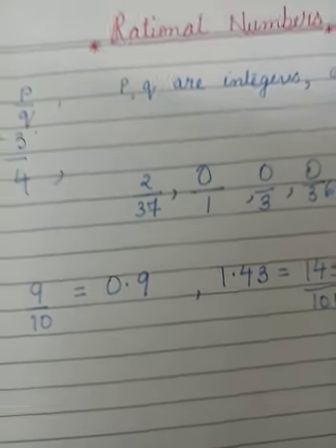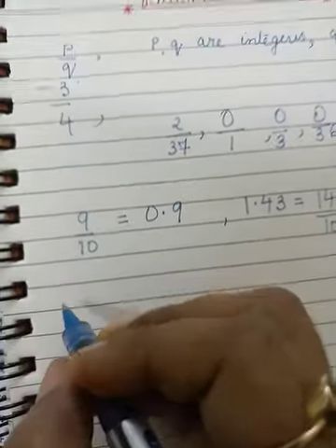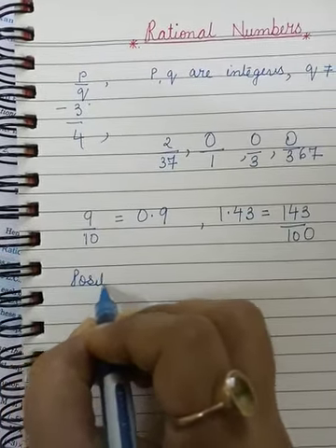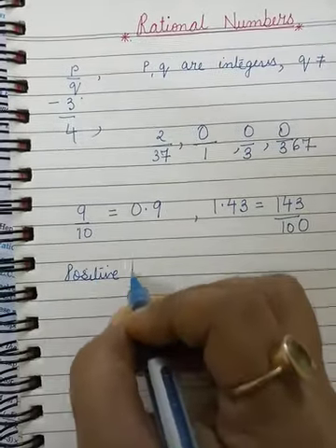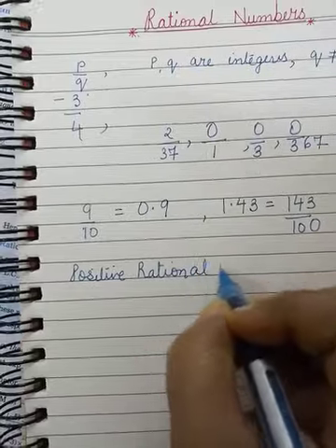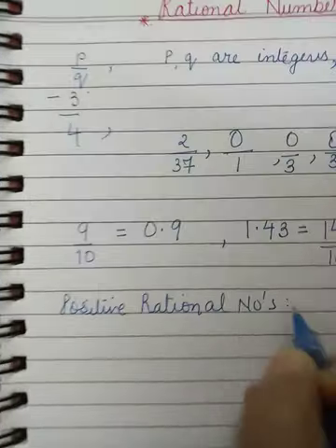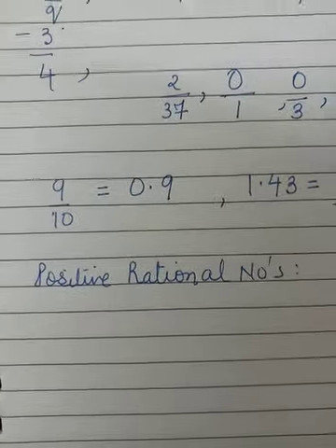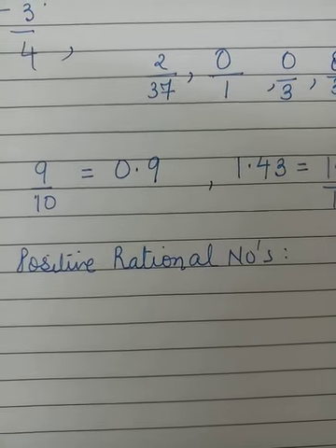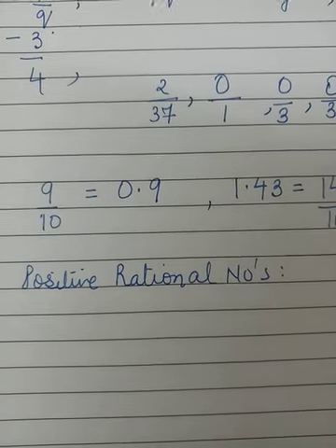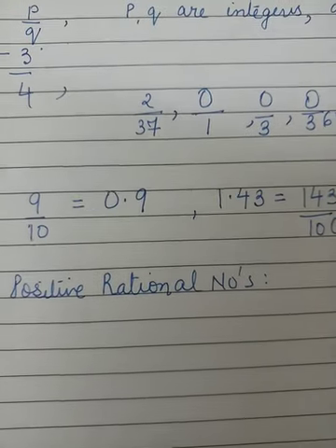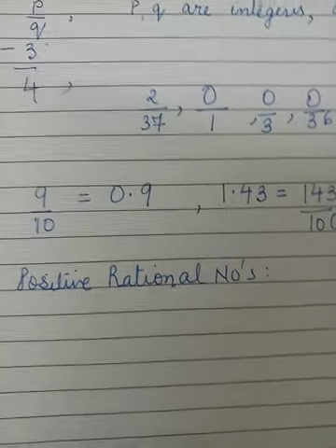Then I talk about positive rational numbers. See, in positive rational numbers, both numerator and denominator have like sign. It may have both signs negative, it may have positive sign as well.